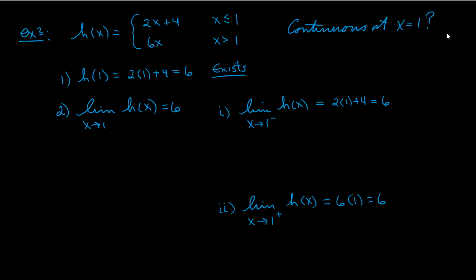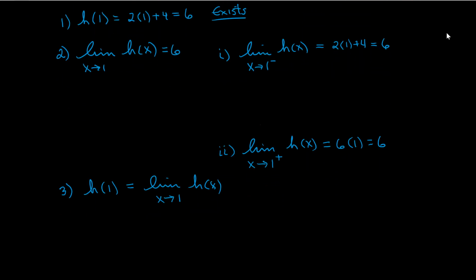Now, the third step in the process is to determine, does h at 1 equal the limit as x approaches 1 of h of x. So this is the third step. As we determined in step 1, this has a value of 6.